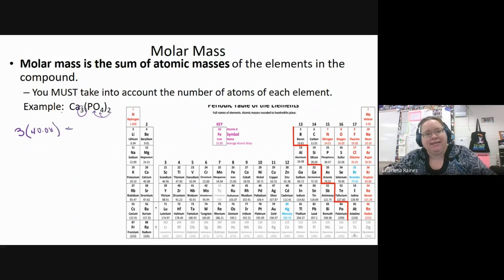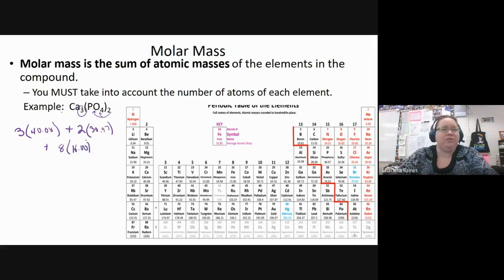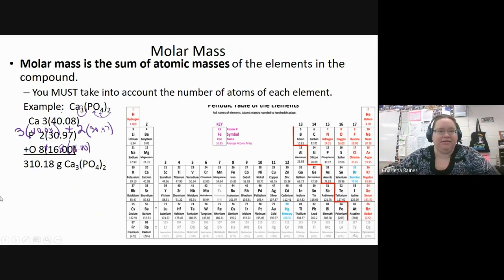And then I'm going to add to it the next element, its number of atoms times its atomic mass. And I'm going to add the next element. Now, when you are finding your molar masses, don't round them to a whole number. Keep all the numbers that you see on your periodic table. Add them all up because, yes, we are looking at the sum of atomic masses.